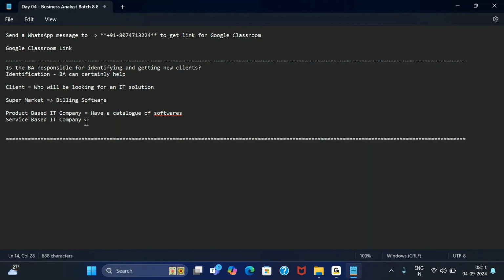Second option is, if none of the clothes available in the market are as per your fitting choice, then what's the other option you have? You can approach a tailor, and give cloth to the tailor, and the tailor will stitch as per your fitting. Okay, the same thing happens in the IT company as well.